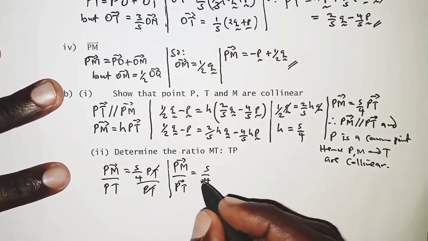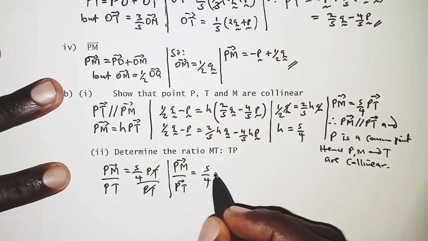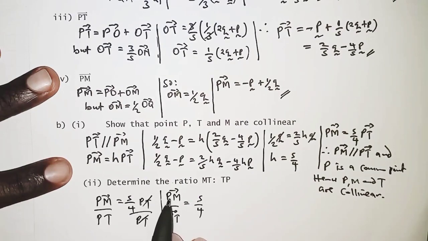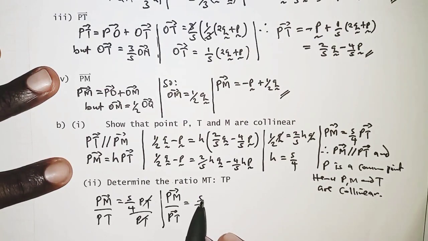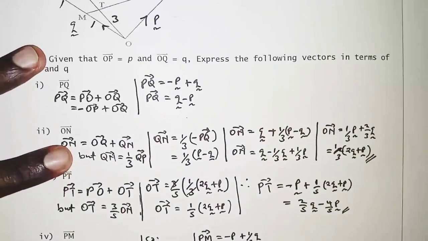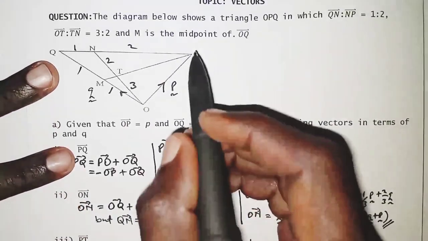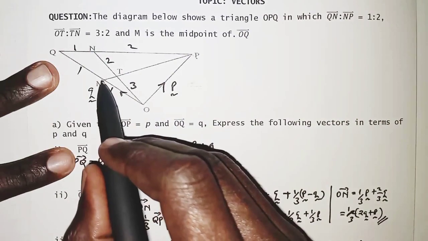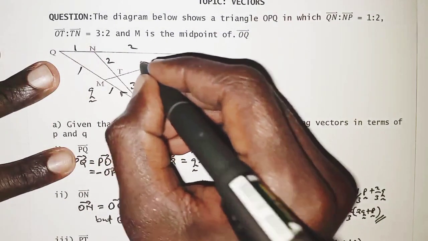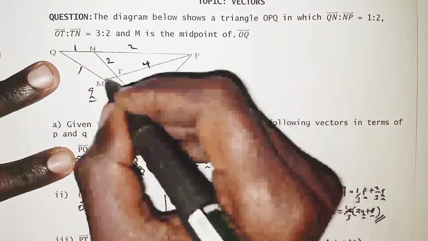So if you have that as 5/4, then what you're simply going to have next is, from the diagram, if you know PM is 5 units, PT is 4 units. So where's PM? PM is 5 units, PT is 4 units. So PT is 4 and PM is 5.